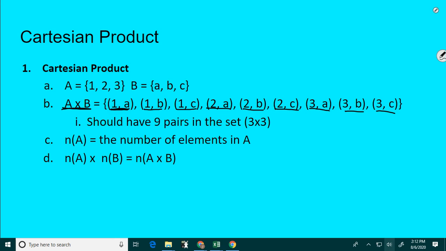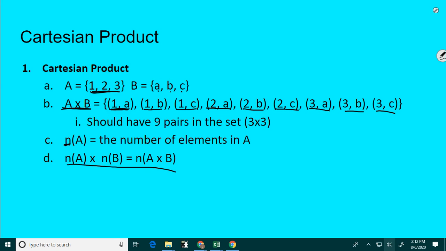In this case we have 9 pairs. We can tell that without actually doing it. If I have 1, 2, 3 and 1, 2, 3, the number of pairs is just you multiply the two together. When we say lowercase n in parentheses, that means the number of elements in set A, which is 3.